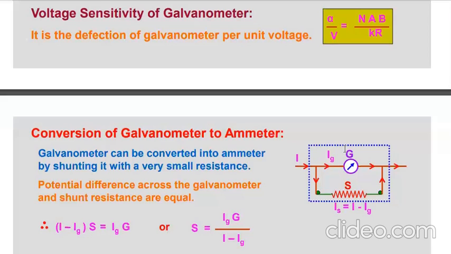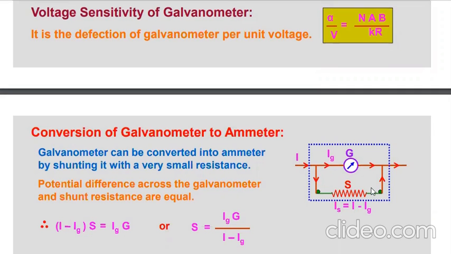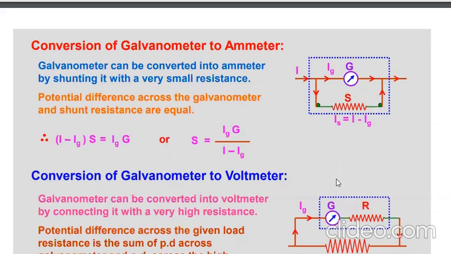In order to reduce the resistance of the galvanometer, we have to connect a very small resistance parallel to the galvanometer, such that the resistance of the combination would be much smaller in comparison to that of the galvanometer. That's why now this galvanometer would measure current up to maximum accuracy.